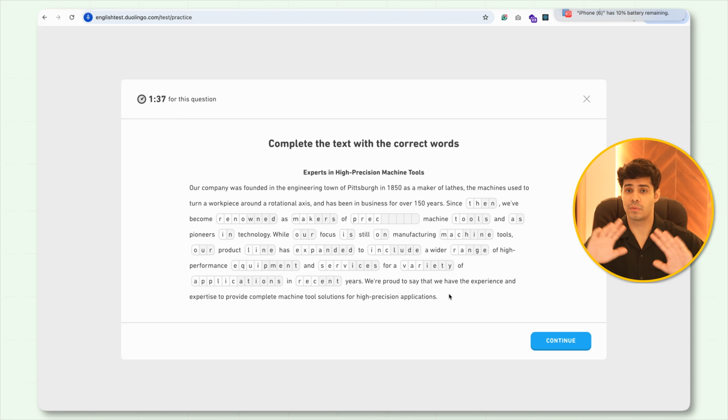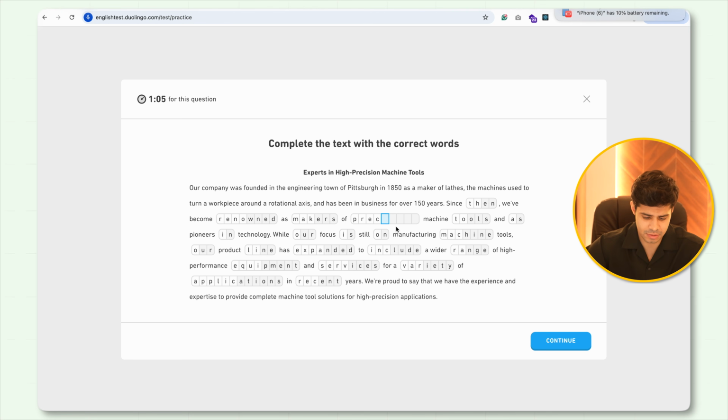Okay, I think we've got this all right, except for this little blank. It's bugging me. So, makers of, let's see, what are they talking about? So they're talking, is it precise? It can't be precise. I don't think so. The spelling is also not going to fit over here. The machines used to turn a workpiece around a rotational axis. Okay, lathes, renowned as makers of precious machine tools.